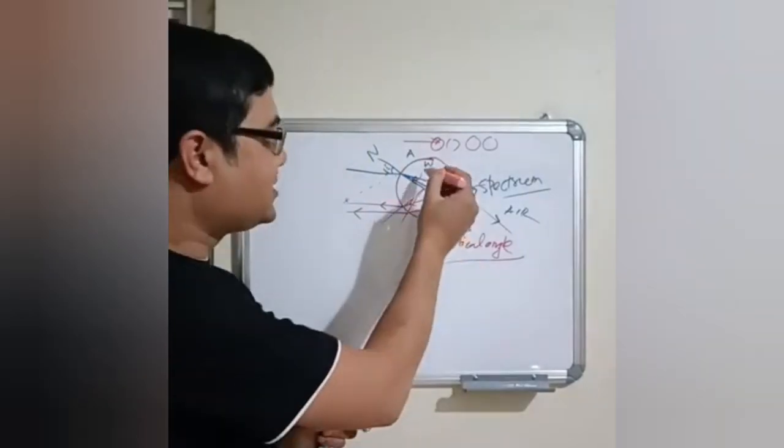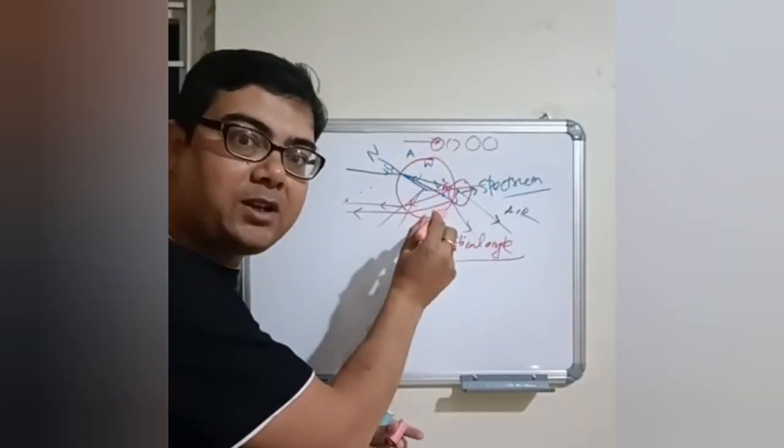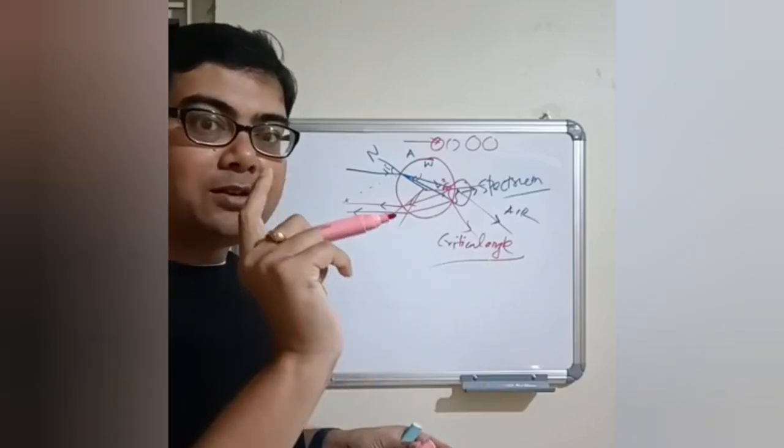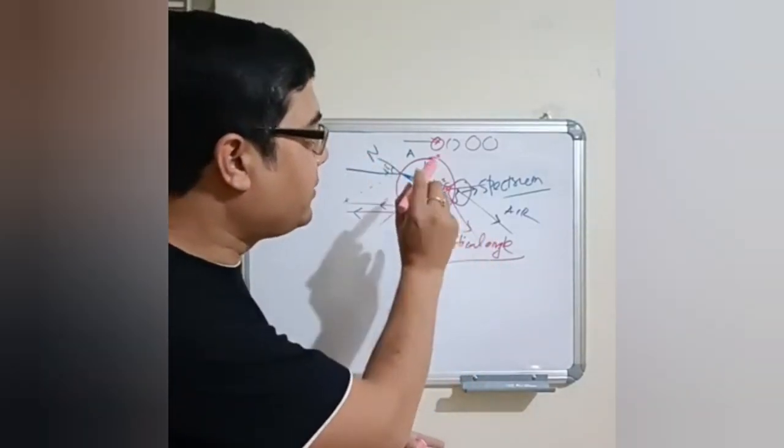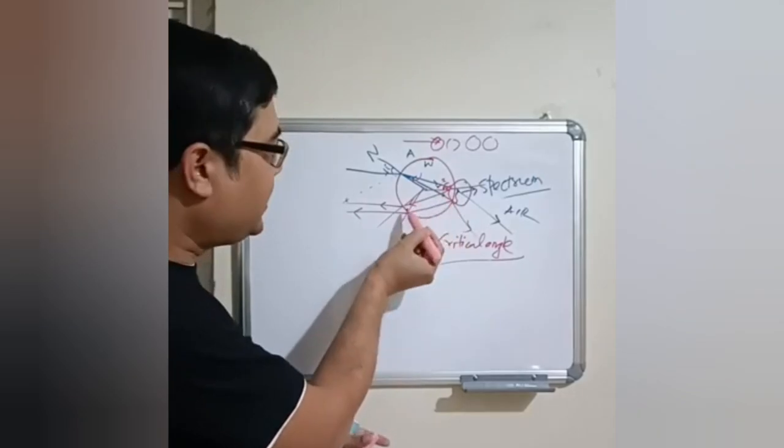So here dispersion is happening, refraction is happening, partial internal reflection is happening, and then it emerges.